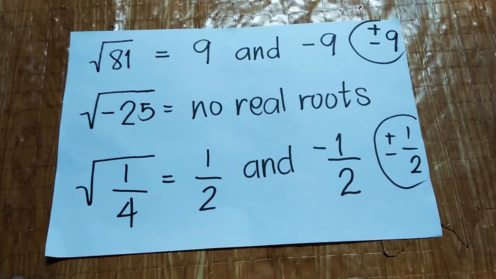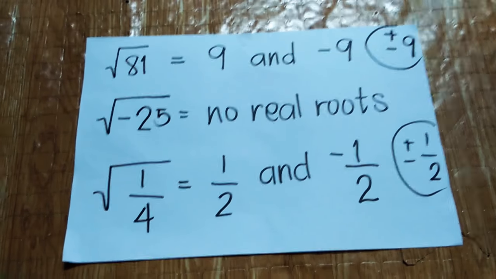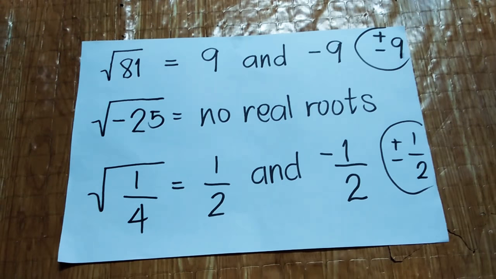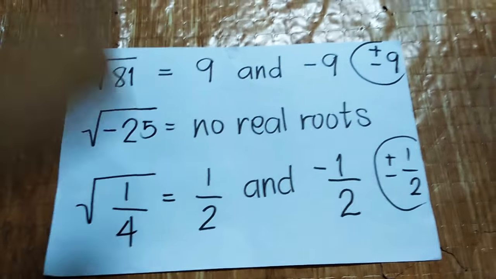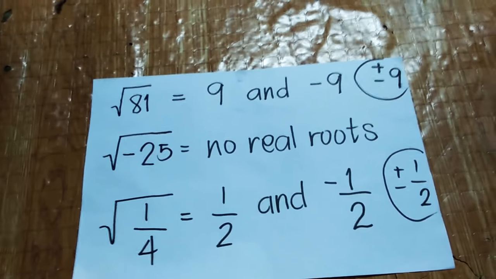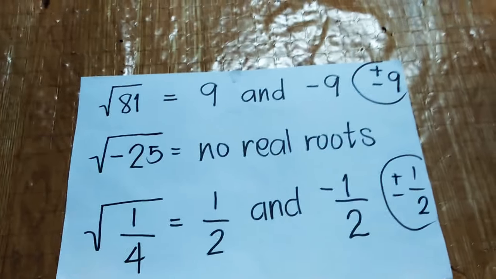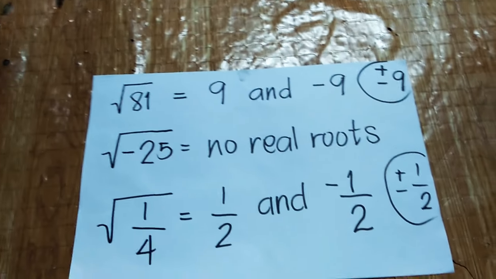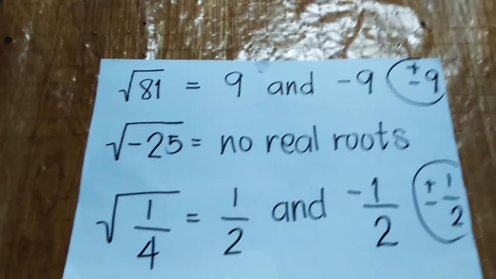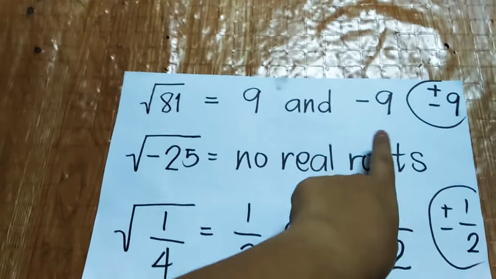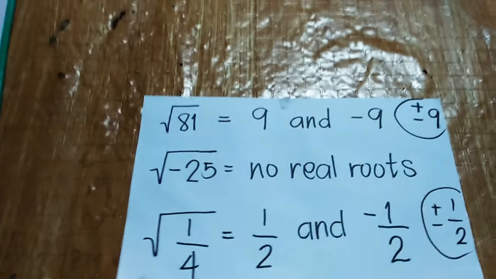What number multiplied by itself gives 81? That's 9, since 9 times 9 is 81. And remember, positive and negative, so we also take negative 9. Negative 9 times negative 9 is also 81. To make it short, we write positive and negative 9.